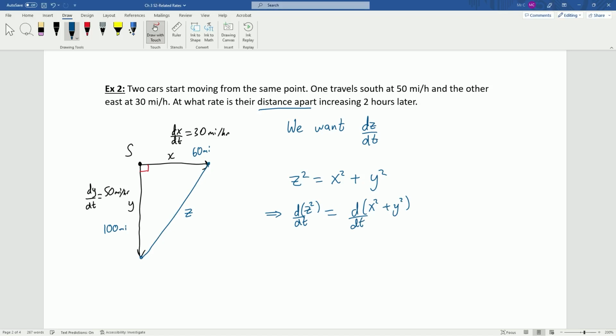And remember, all of these variables are functions of time. They're all changing with respect to time. So we have to apply the chain rule for each of these. I get 2z times dz/dt equals 2x dx/dt plus 2y dy/dt. Now I'm going to divide everything by 2.